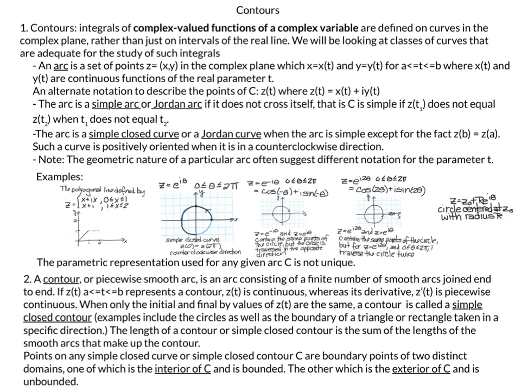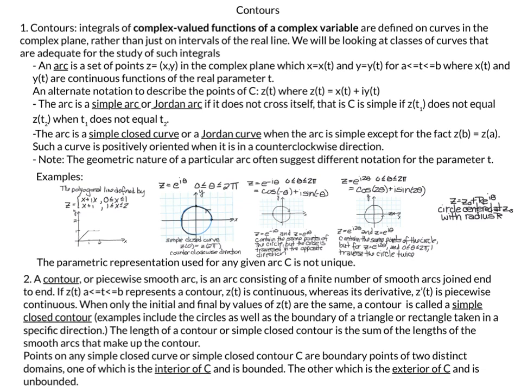But anyway, we will look at a straight line, and the circles we will look at are based on z equals e to the i theta, and we'll do some variations of that, including z equals z naught plus R e to the i theta, where z naught moves the center of the circle to z naught, and this capital R increases our radius or decreases our radius to big R. And another note, the parametric representation used for any given arc C is not unique, and we will do an example where we parameterize one path using two different ways.